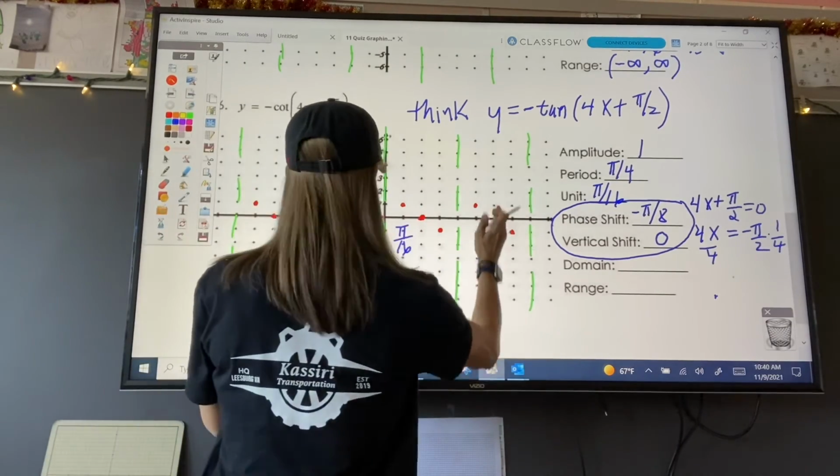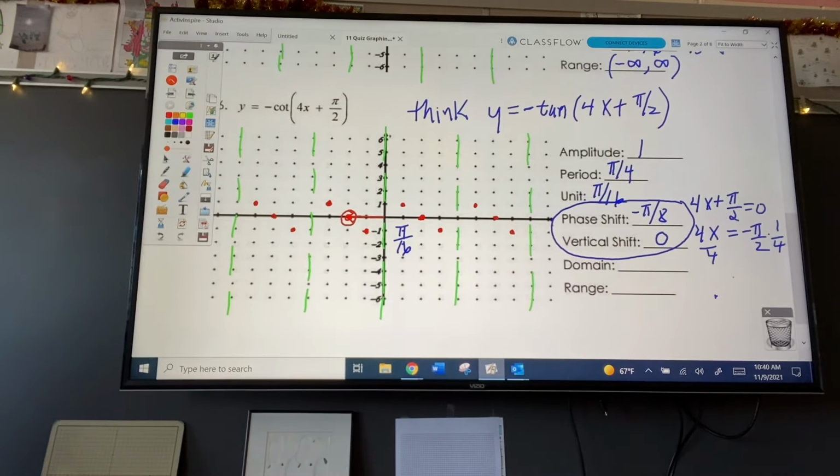I'm going to erase the green ones, and those green ones are going to become zeros, so I'll do those in purple. And this is so confusing. This really is the hardest type.